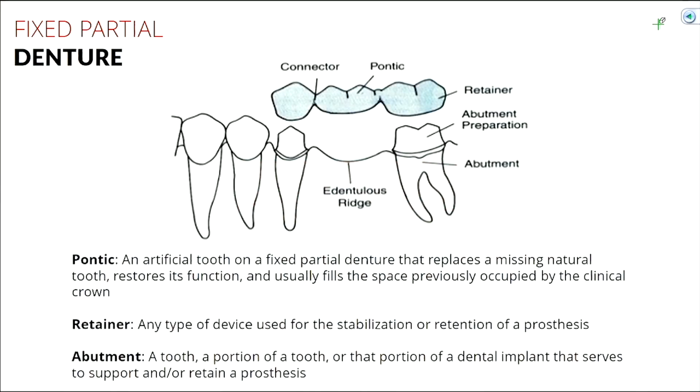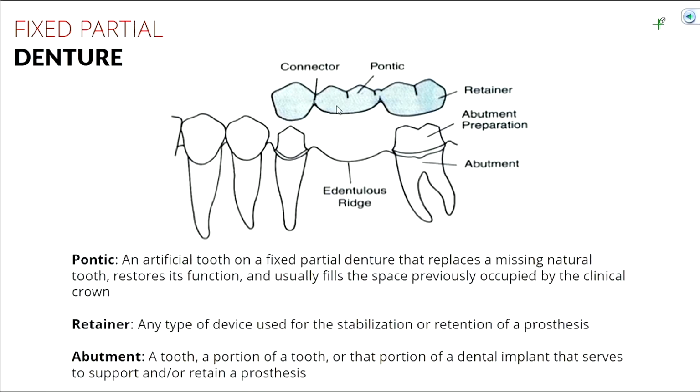Okay, so here's just some vocabulary or some terms you got to know. So the pontic, we'll start with that. A pontic is, you can think of it as the dummy tooth or an artificial tooth, right? It's the tooth that you're trying to replace. The retainer is the crown that goes onto the tooth, and it's connected to the pontic.